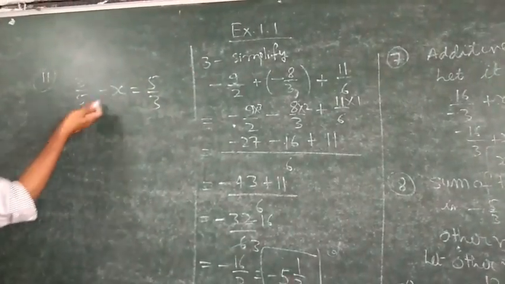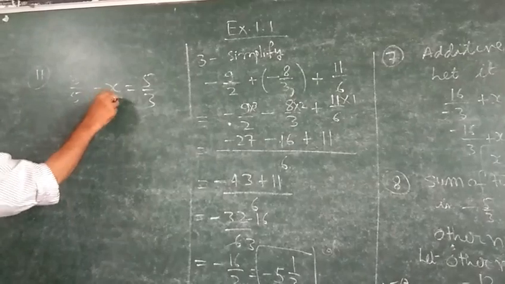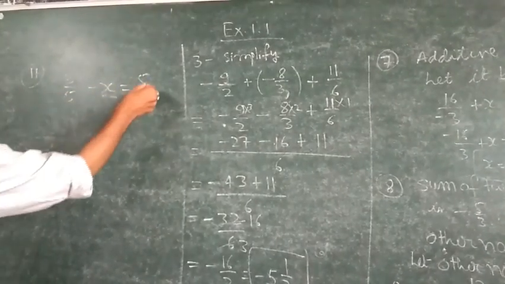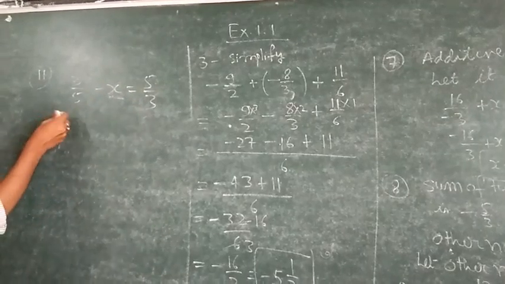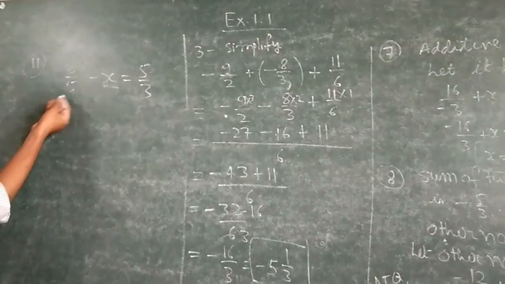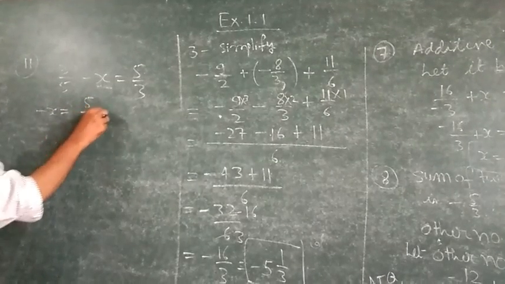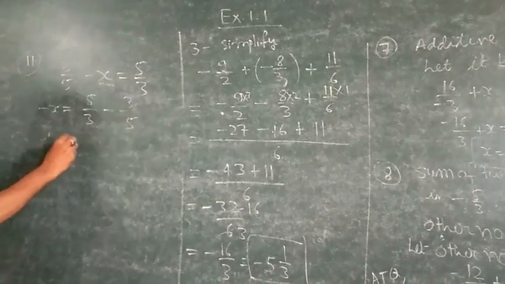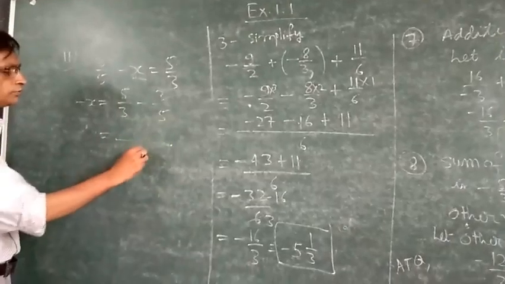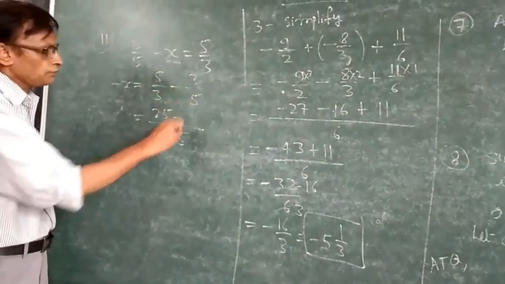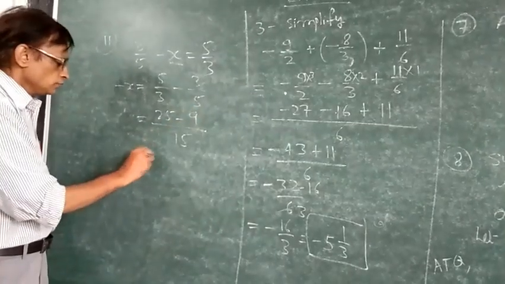So we say we subtract x from the 3/5 so as to get the answer 5/3. Then you solve it for x. Minus x equal to 5/3 minus 3/5. So LCM is 15. 3 5s are 25 minus 5 3s are 15 is 9.